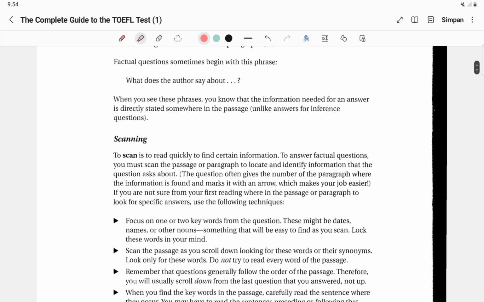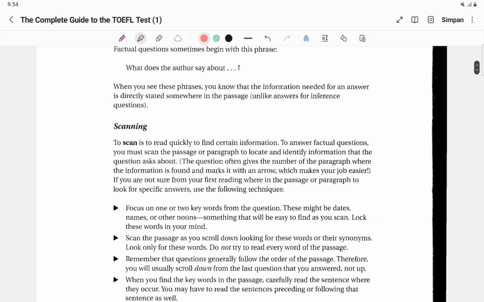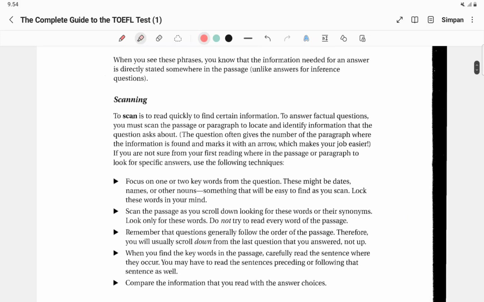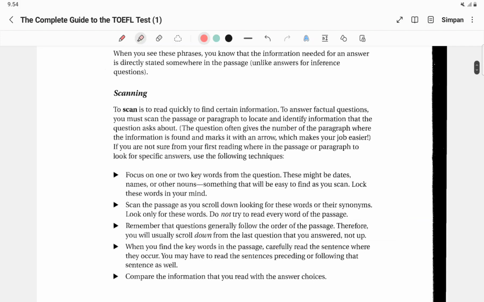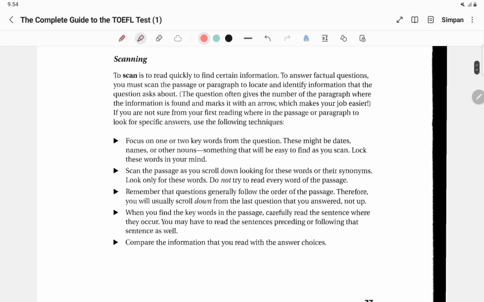Factual questions sometimes begin with this phrase: "What does the author say about blah blah blah?" When you see these phrases, you know that the information needed for an answer is directly stated somewhere in a passage, unlike answers for inference questions.